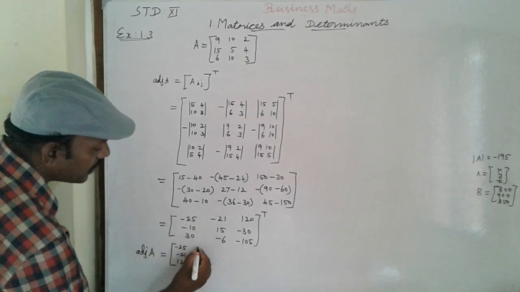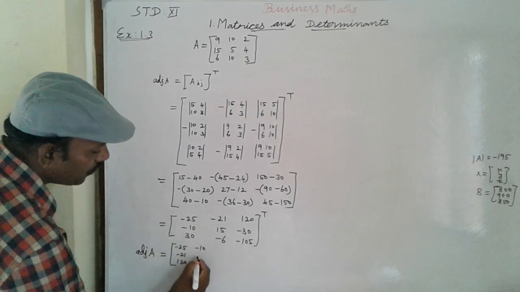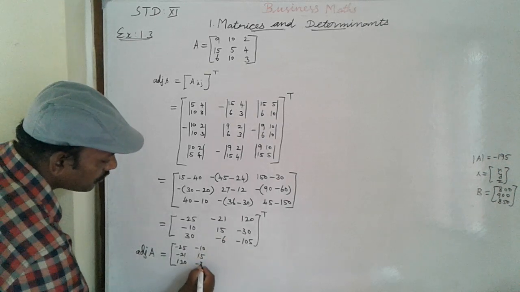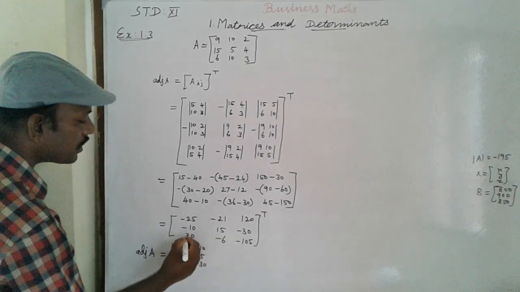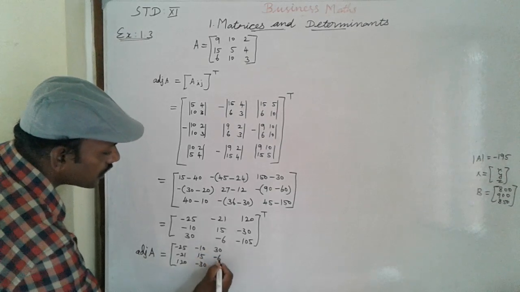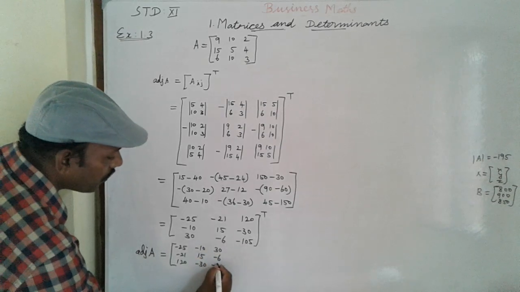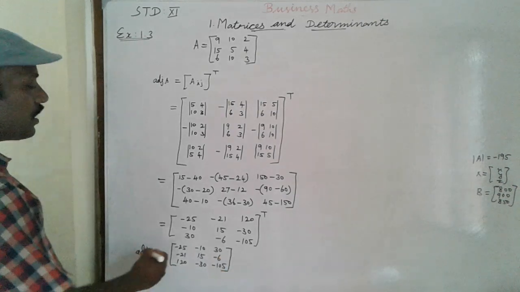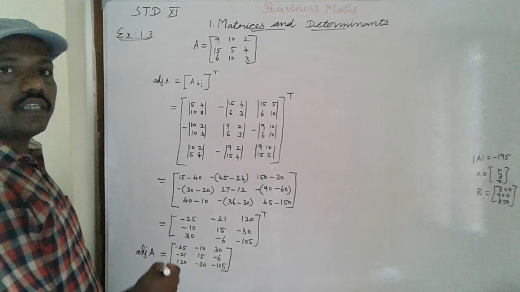Next row is minus 10, 15, minus 30. Next is plus 30, minus 6, minus 105. It is the adjoint A. We should find A inverse.